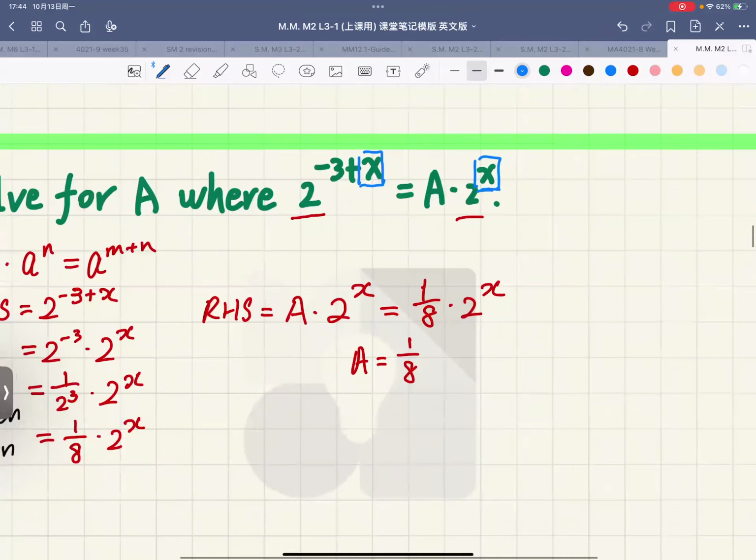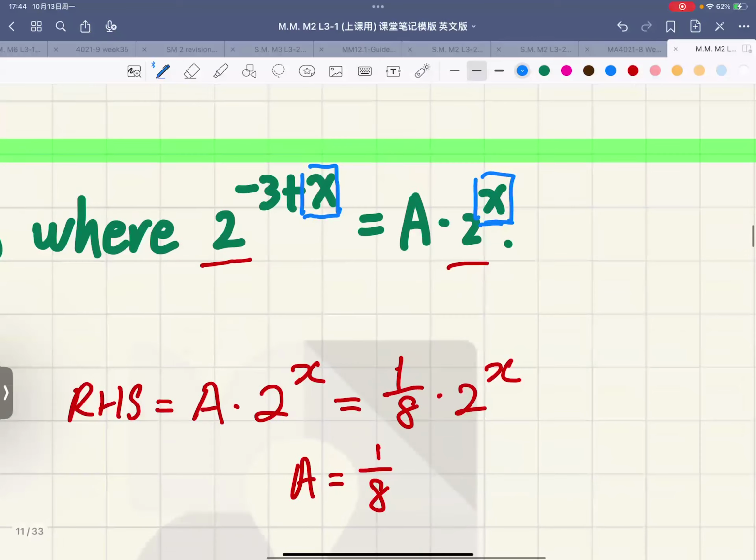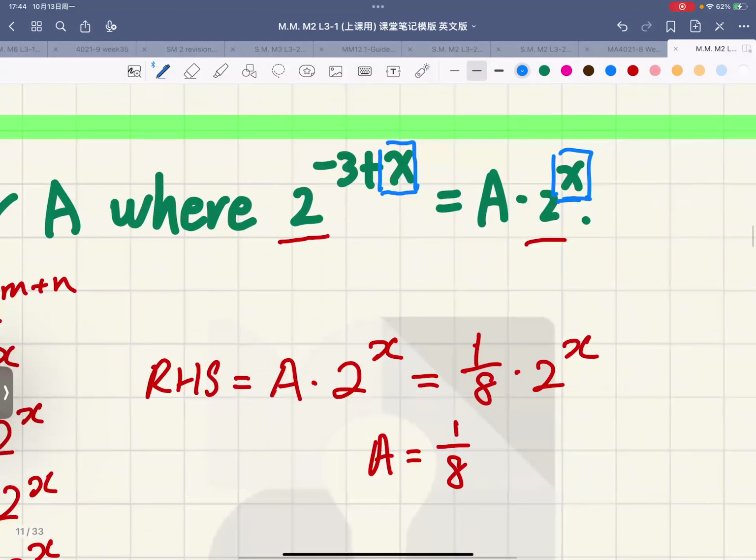Then after we see these patterns, we need to try to split this to get something on the left-hand side equal to something on the right-hand side.